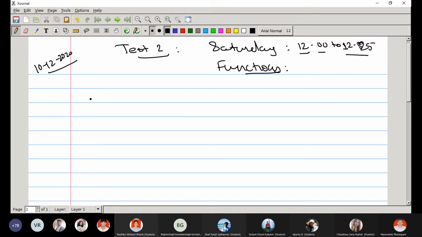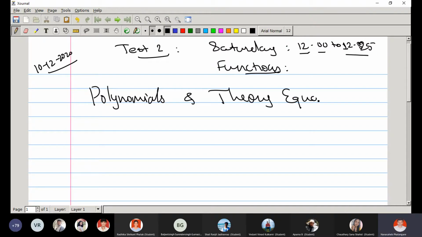So today we'll discuss some algebra of polynomials, polynomials and theory of equations. Basically polynomial equations and how to find roots of some polynomials, and algebraically what are the properties of roots. All these things we'll discuss.